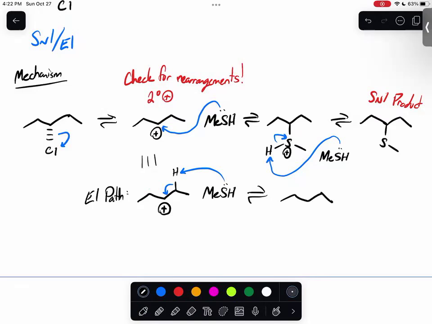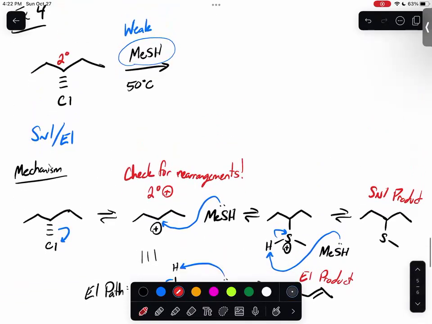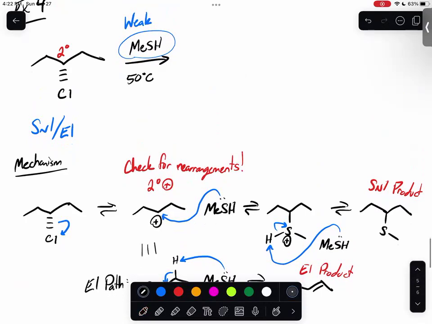And so this generates our E1 product. So on the exam, if you're asked for this question, what you would provide as the major products would be the thioether that comes from SN1 and the alkene that comes from E1.